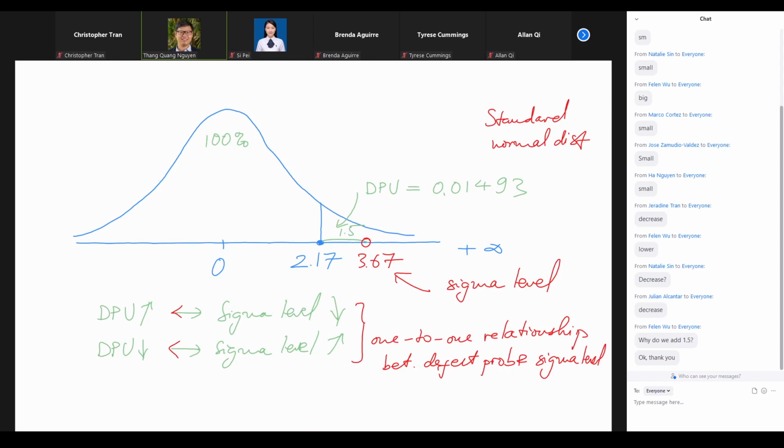Okay, so we can use this sigma level to also characterize the efficiency of a worker. For example, if we talk about an accountant, in his or her working life, they will have to calculate millions of numbers. Out of 1 million, if they only make 3.4 errors, think about it, they are at the Six Sigma level, right?